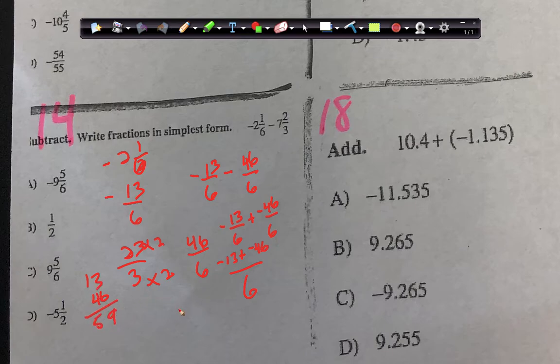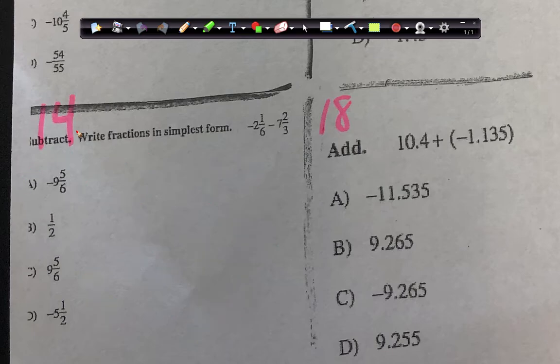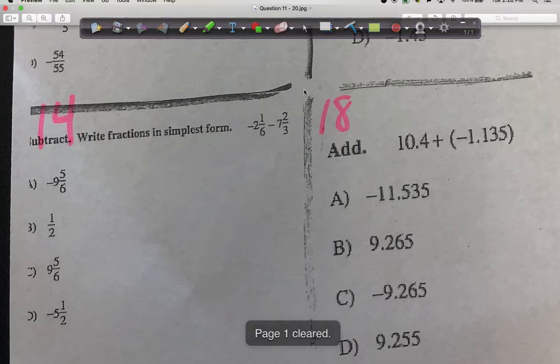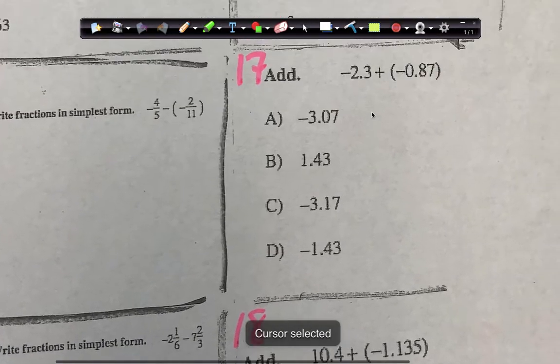So we have a -59/6. 6 goes into 59 9 times with 5 left over. So we're looking for a -9 and 5/6. That's A. Okay, problem number 15.